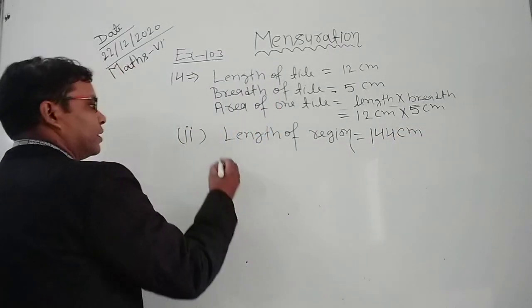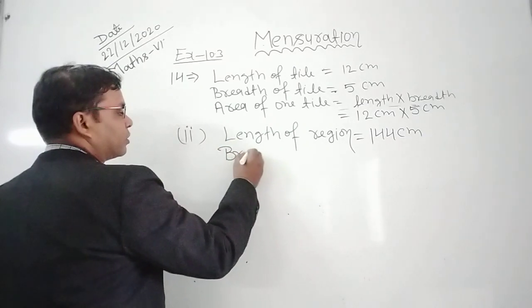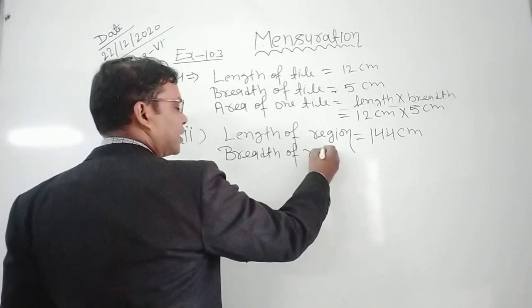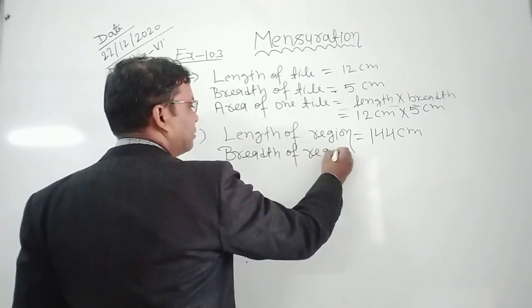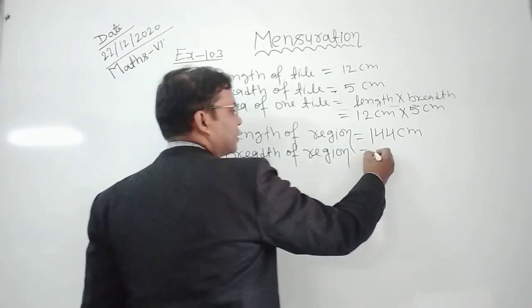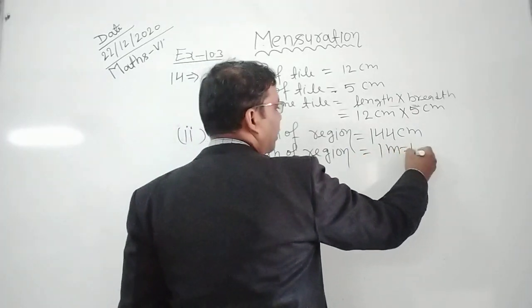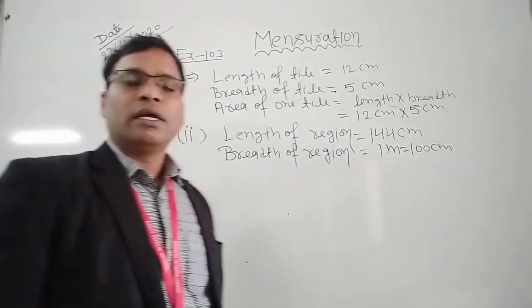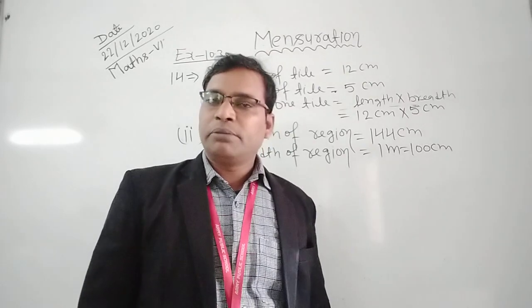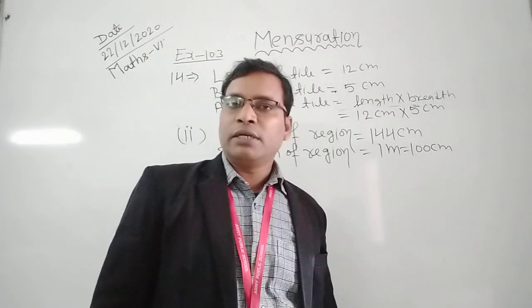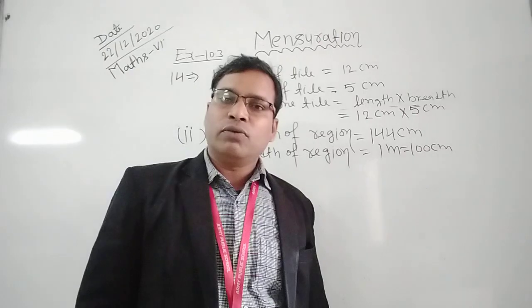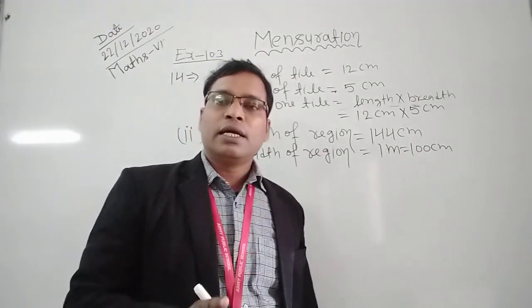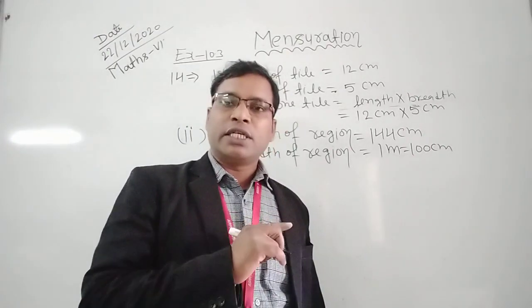And the breadth of the rectangular region is given as 1 meter. 1 meter is equal to 100 centimeters. This is clear. Length and breadth of the rectangular region is given here. Length is 144 centimeter and breadth is 1 meter. 1 meter is equal to 100 centimeter. This is clear. Now we find the area of the rectangular region.